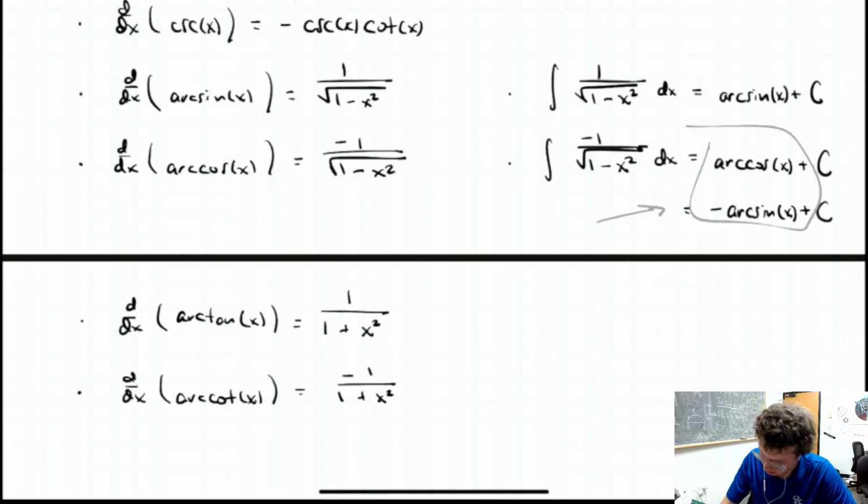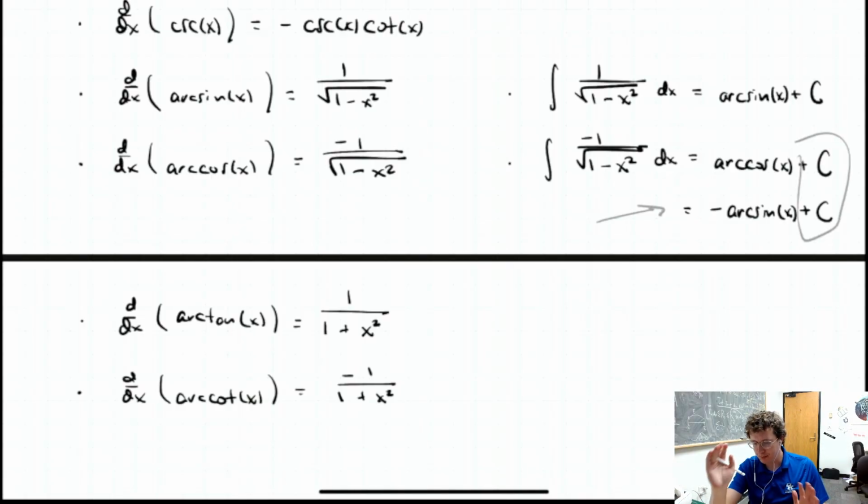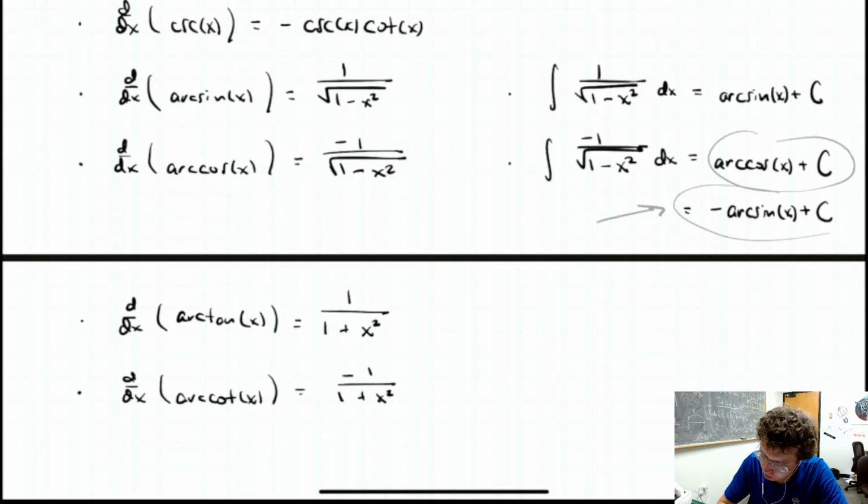And now maybe you're thinking, is arc cosine really just the opposite of minus arcsine? Almost. They're not equal, they differ by a constant. So I have these plus c's here. When you have 2 expressions with arbitrary constants in them, if those expressions are equal, it doesn't mean these things are equal. It means that they differ by a constant.